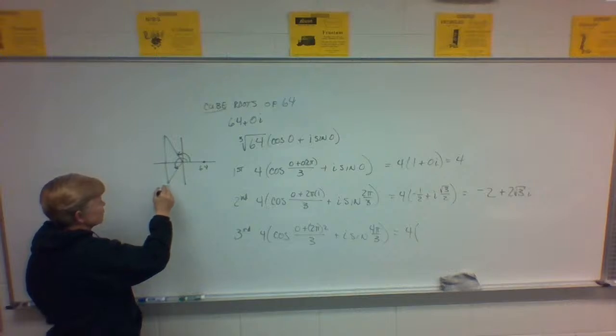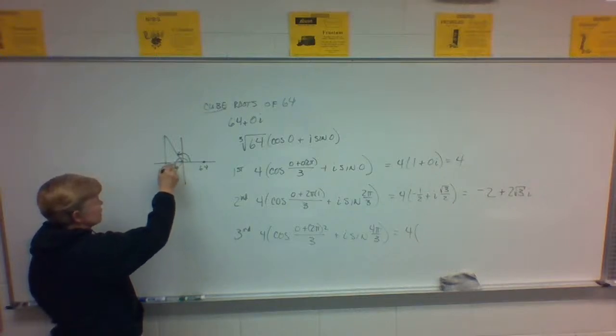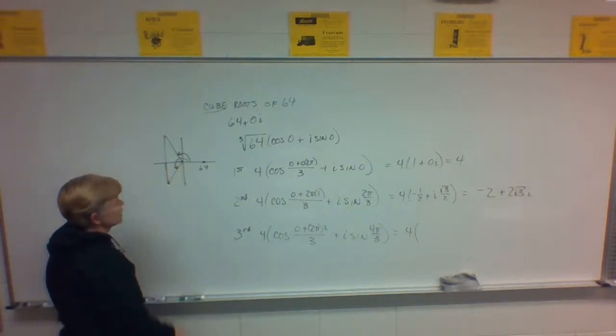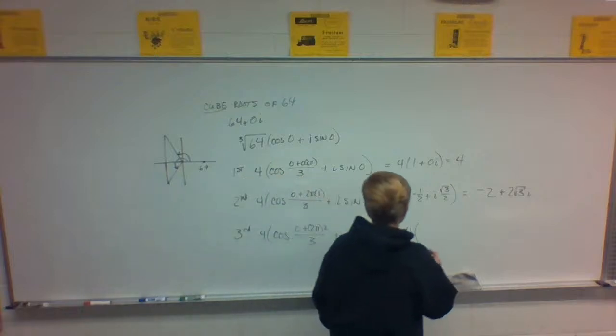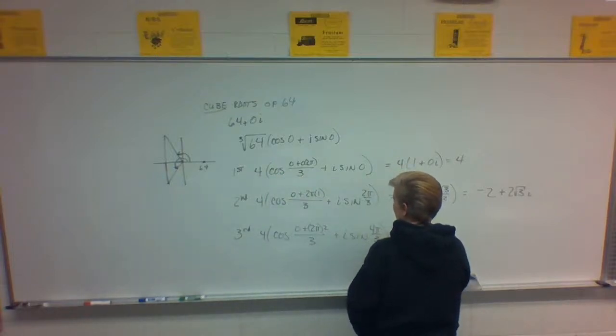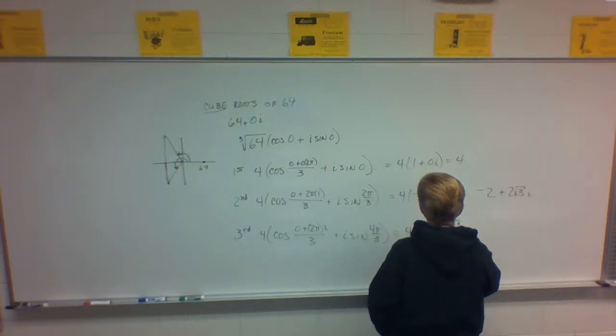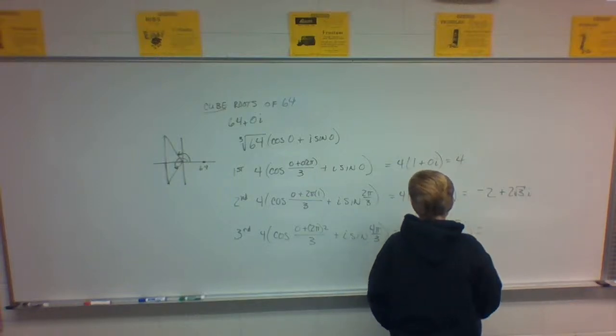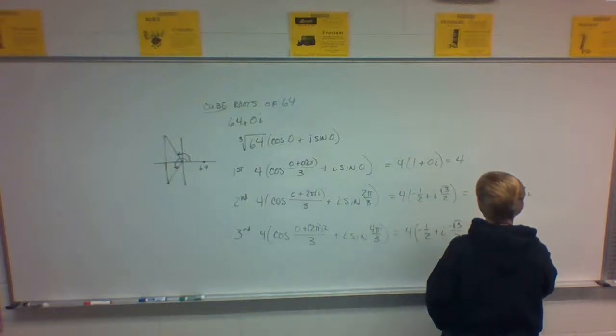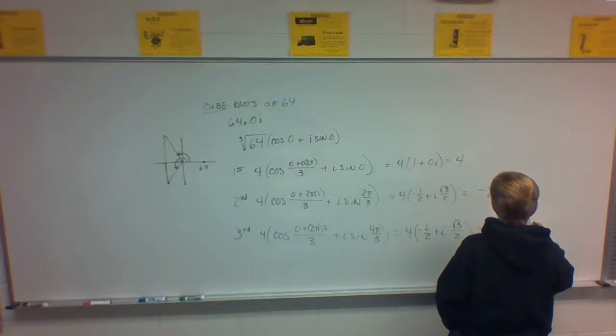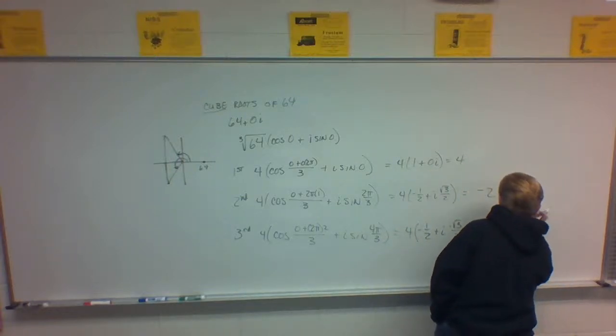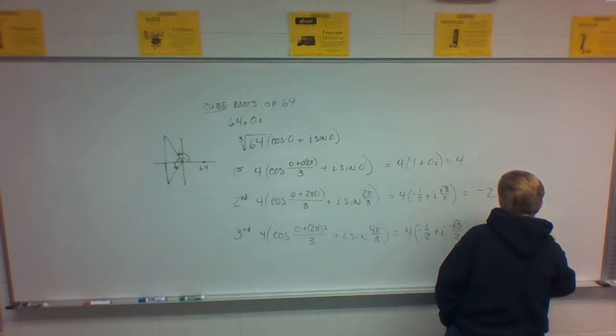But this point right here, this place I'm coming to, is going to be back 1/2 and down at negative root 3/2. So the cosine of that angle is negative 1/2. The sine of that angle is negative root 3/2, which means I'm going to get 4 times 1/2 is negative 2, minus 2 square roots of 3, because the 4 cancels with the 2.